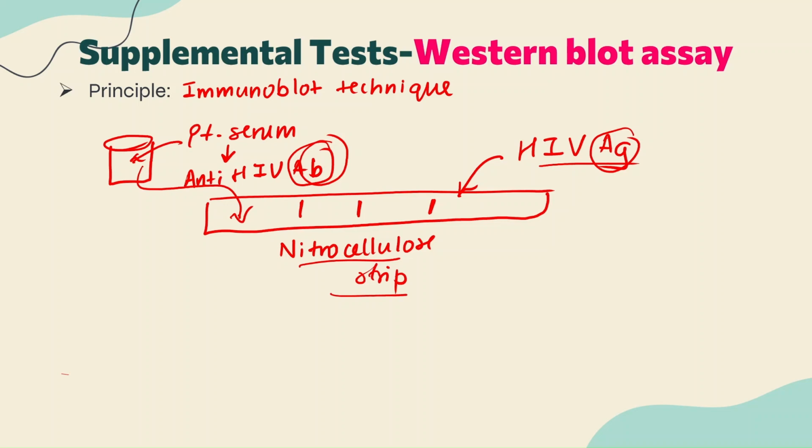This is how we do the Western blot assay. For interpretation, we have two criteria, the WHO criteria and the CDC criteria. For interpreting the result, we decide how many bands should appear on this strip before we can say the result is positive. So let's have a look at the details of this particular test.